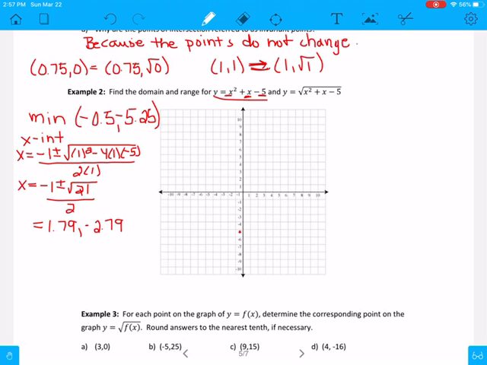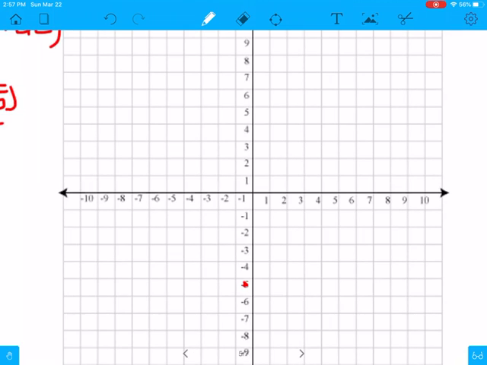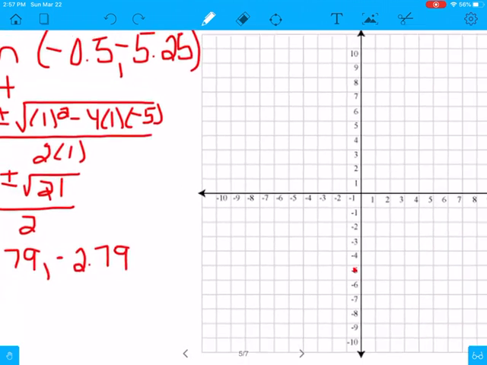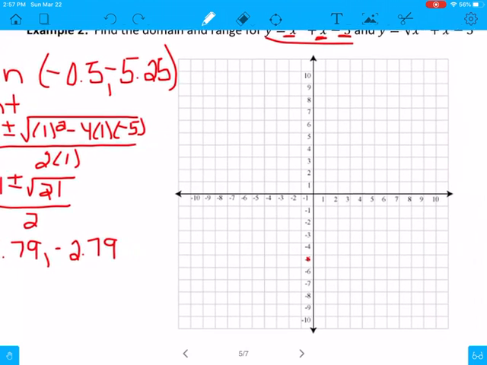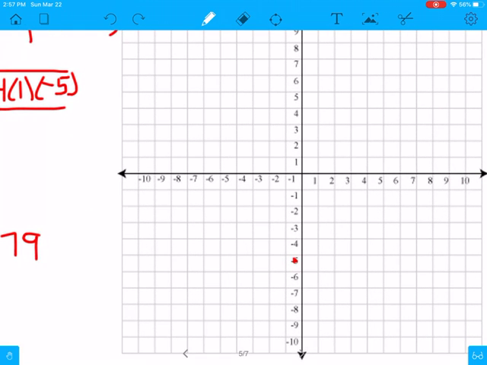So 1.79 is my one, and negative 2.79 is my other. And then I want some more in between. So I'm going to type it into my y equals, and go to my table of values and pull some points off of it.